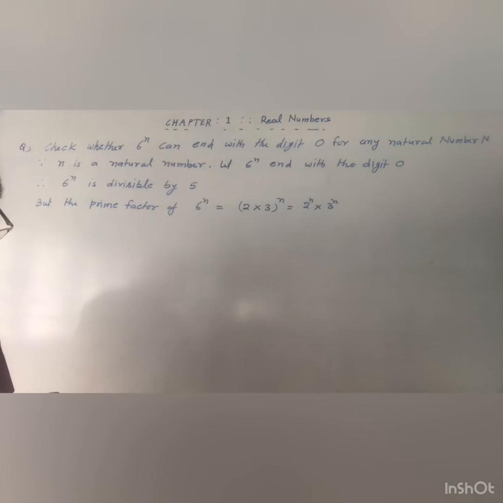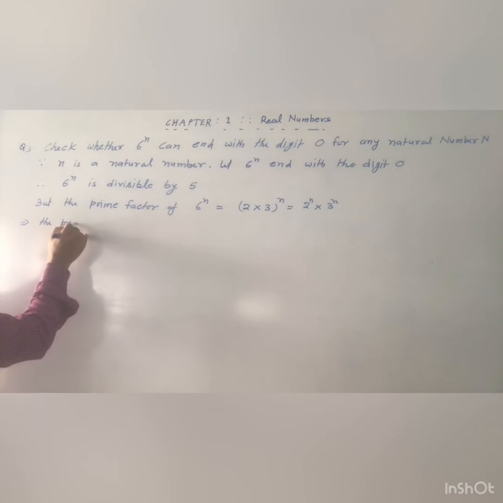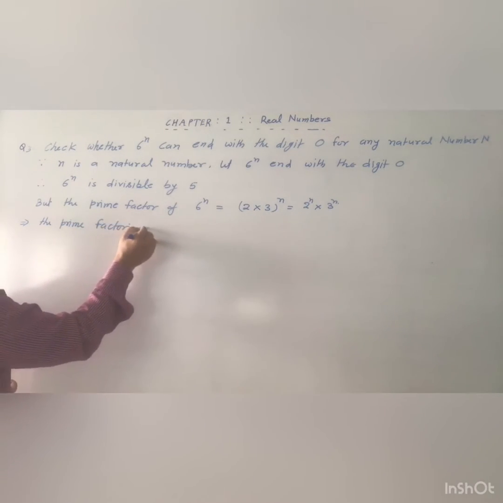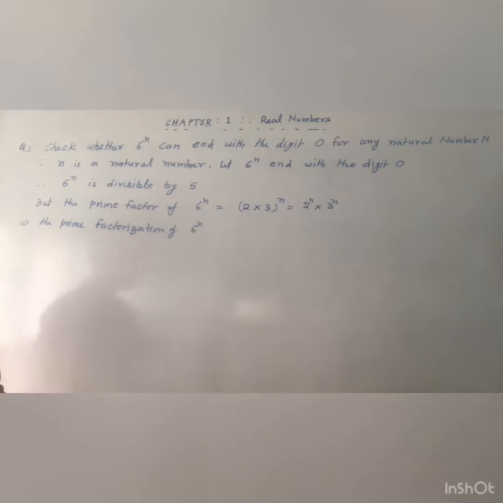This implies that in the prime factorization of 6 raised to the power n, you can observe there is no factor of 5.